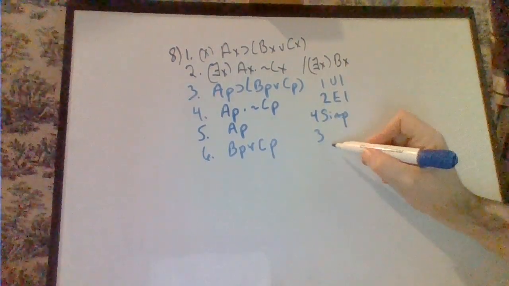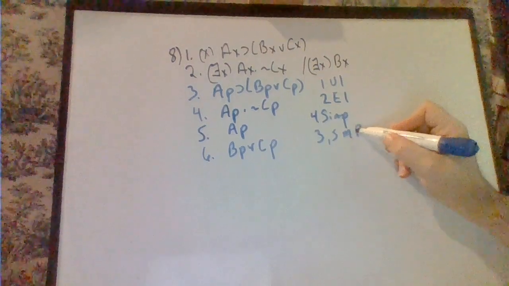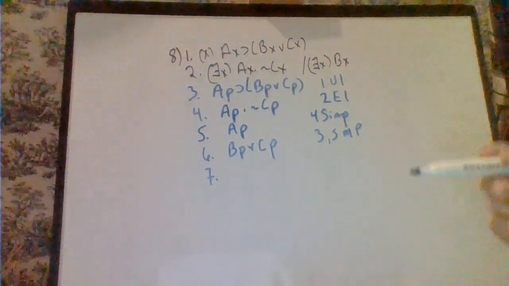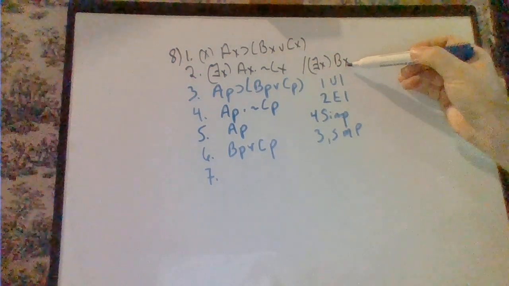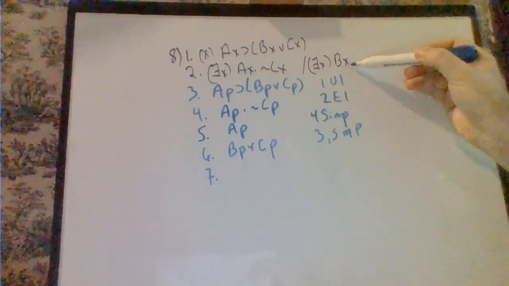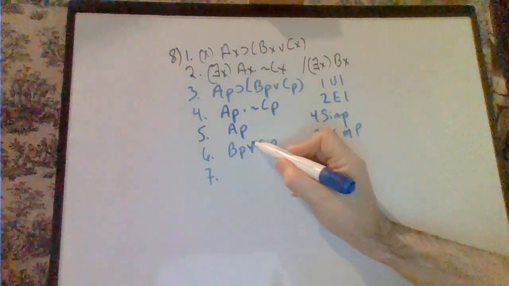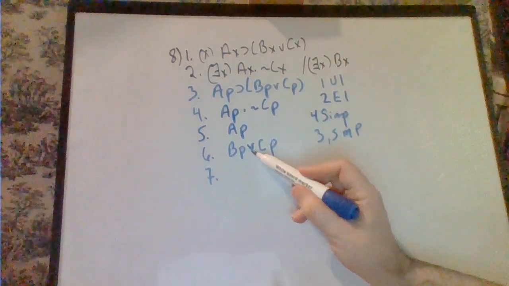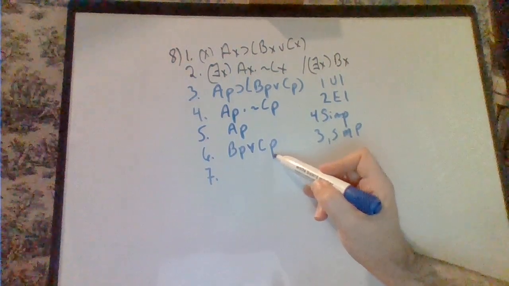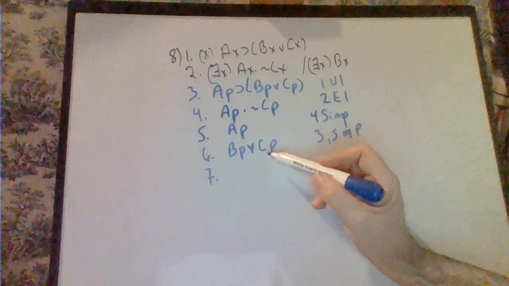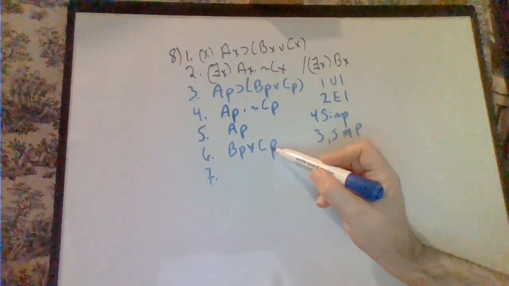So that's 3 and 5 modus ponens. All right. Now what we want basically is the BP, so we can translate it into the BX. So I've got it here in a disjunctive, BP or CP. So what I need if I want the BP is not CP.